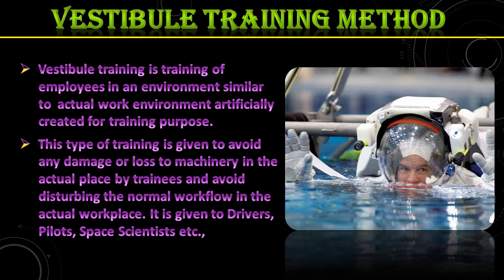This type of training is given to avoid any damage or loss to machinery in the actual place by trainees, and to avoid disturbing the normal workflow in the actual workplace.